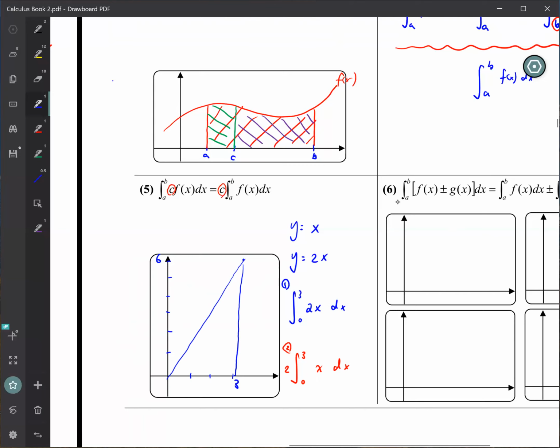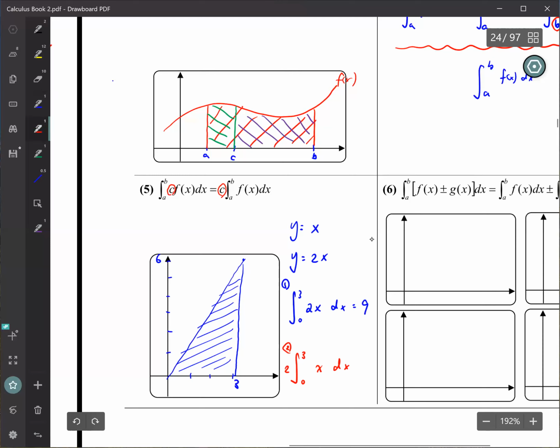So what is the area for this? Can you calculate the area of this one, Leon? It would be 9. Very good. Base times height, 3 times 6 divided by 2. So this is 9. Let's write it on the side, this is equal to 9.